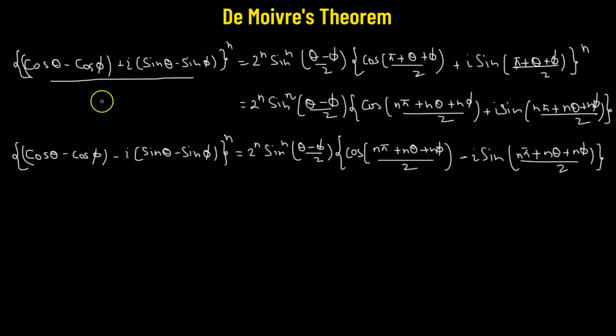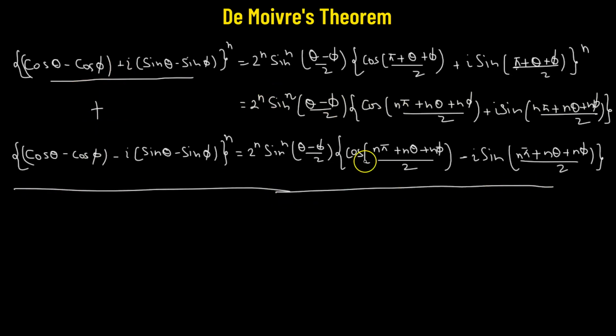Now our goal will be to add these two expressions. So let's add them. I'm only considering the expression on the right hand side. In both expressions, we have this term which is exactly the same, so we can take it as a common factor: 2 raised to the power of n multiplied by sine raised to the power of n of (theta minus phi)/2.